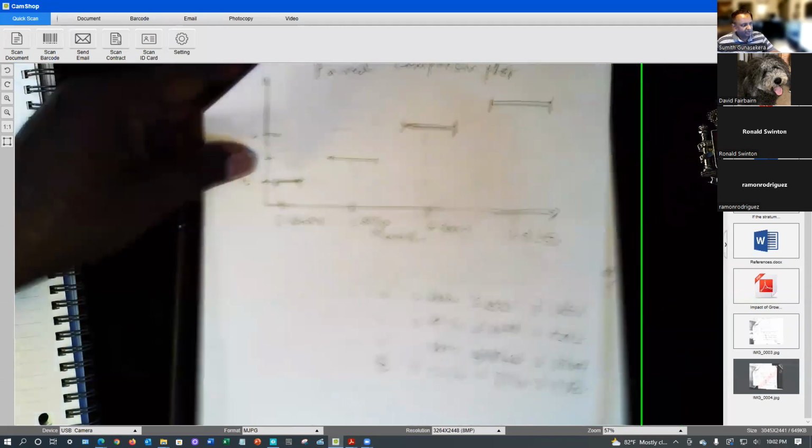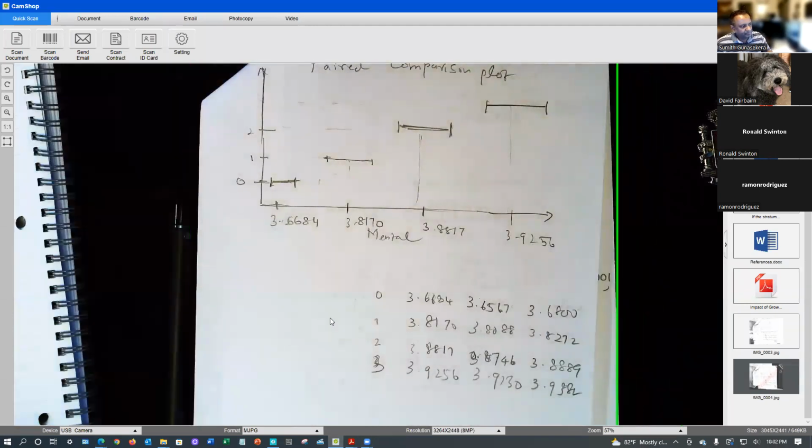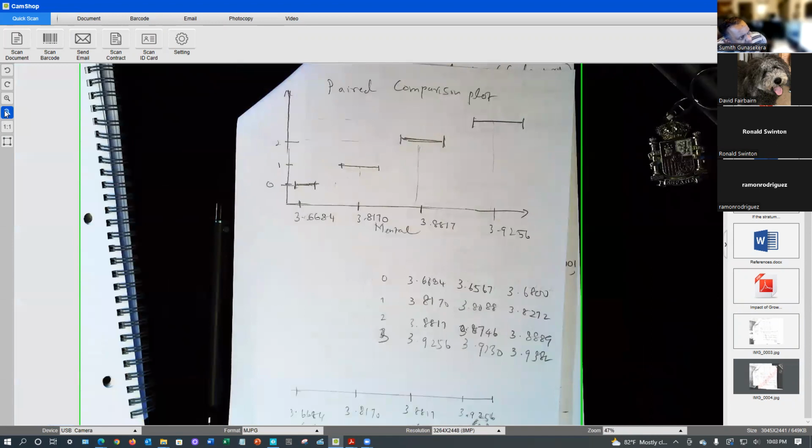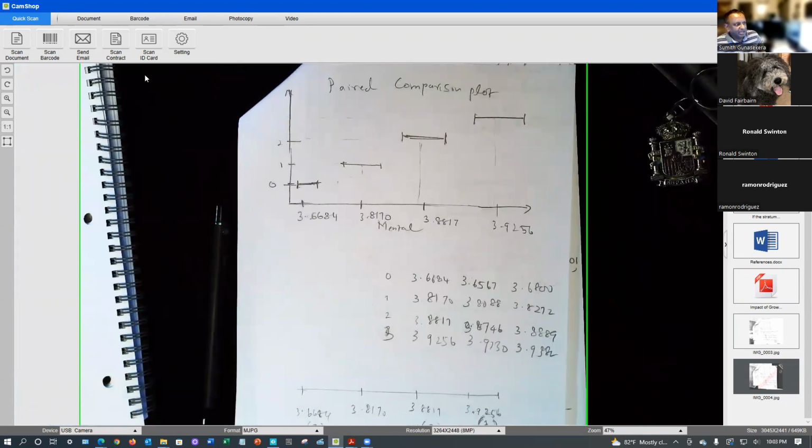This is the first for that level, the 0 level.